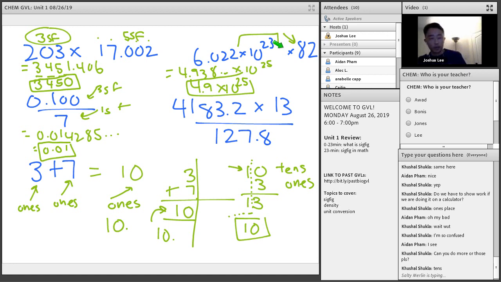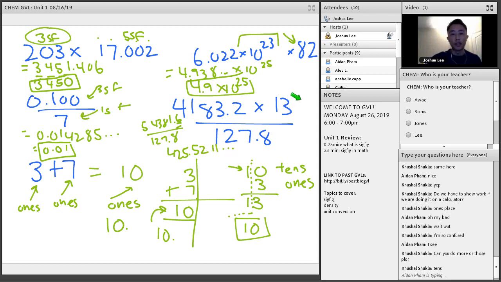Then 4183.2 times 13. So that gives us 54381.6 over 127.8. Dividing by 127.8 gives us 425.5211... And then based on the 13, which has 2 sig figs, the 127.8 has 4 sig figs, 4183.2 has 5 sig figs, so my answer is going to be 2 sig figs.